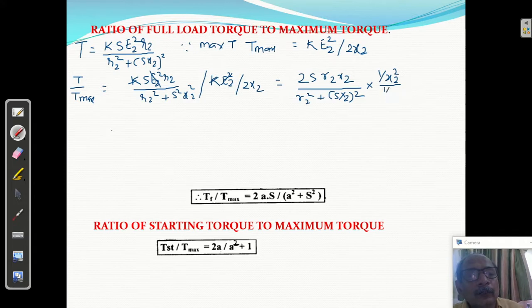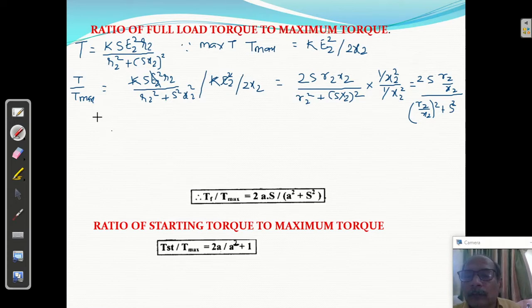So you will get 2S R2 by X2, because X2 X2 will be cancelled, so R2 by X2 upon R2 by X2 whole square plus S square X2 square upon X2 square, which is 1. Clear? So you will get this.